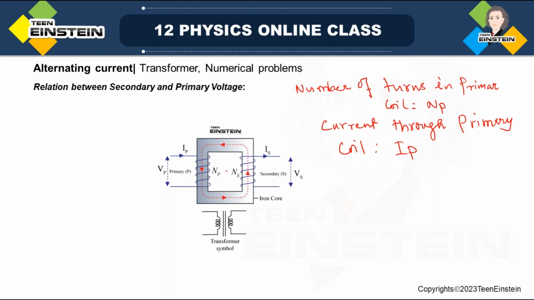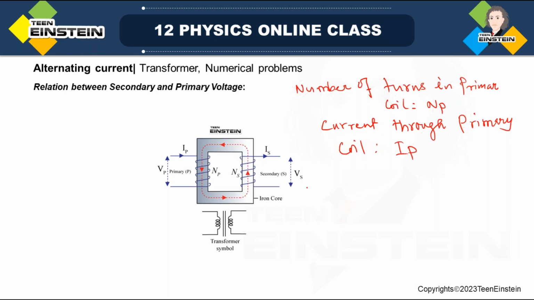Similarly, the number of turns in the secondary is NS, and the current through the windings of the secondary is IS.